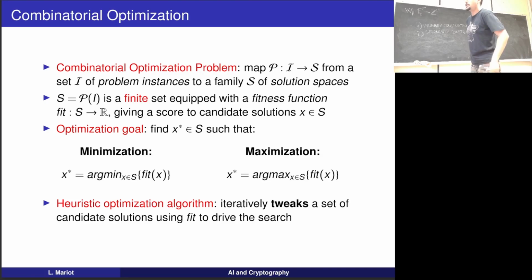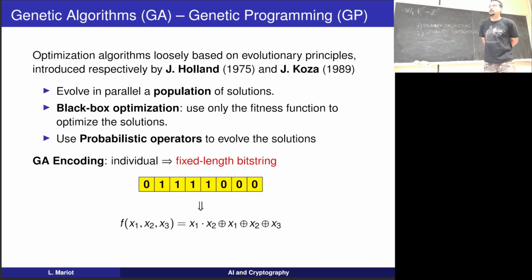So the first type of meta-heuristic that we will consider are genetic algorithms, which are quite famous. They were invented by John Holland back in the 70s. And they are based on a loose inspiration from biological evolution, basically, using the Darwinian principles of natural selection. The idea is that they evolve in parallel a population of candidate solutions to our combinatorial optimization problem. And this optimization is done in a black box way.